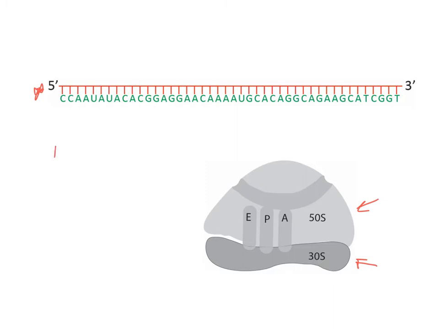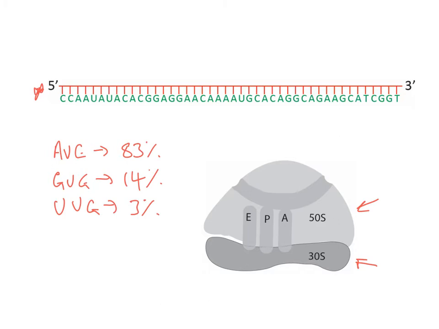AUG start codons are actually used in approximately 83% of all the genes in E. coli at least. But there's a couple of other start codons that can be used. GUG is used about 14% of the time, and UUG is used 3% of the time.